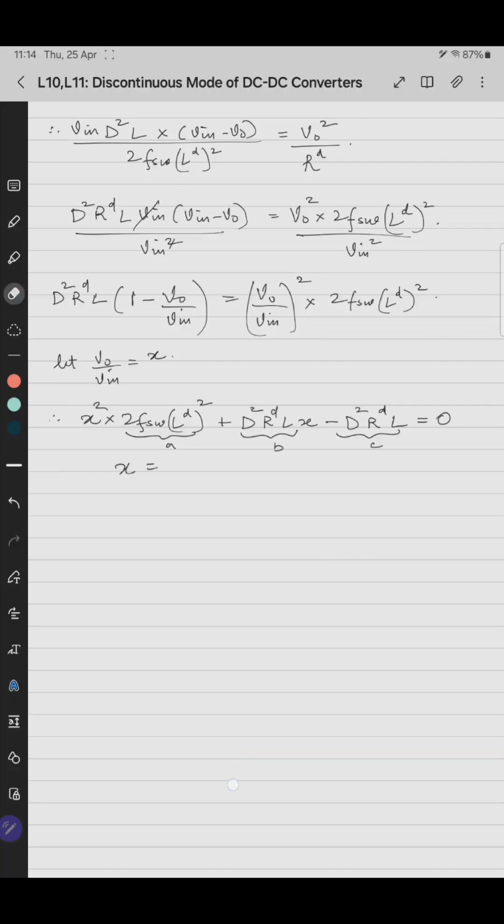So X is minus B plus minus under root of B square minus 4AC, by 2A.